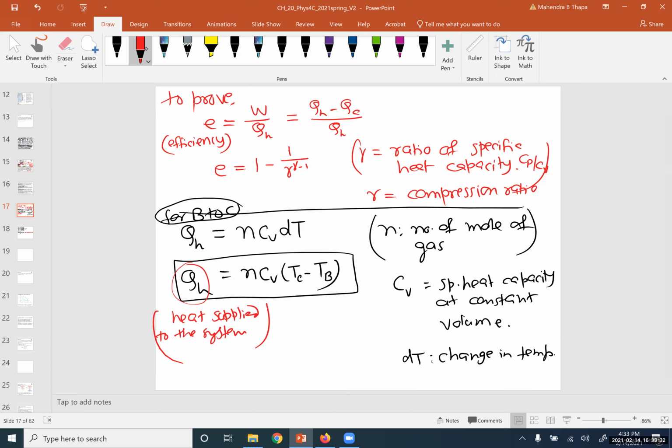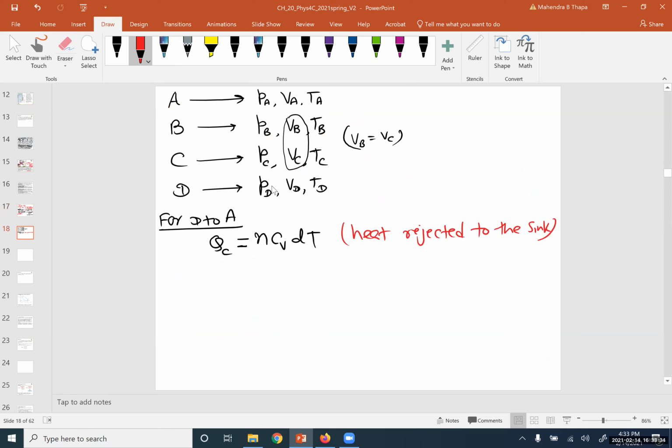So we can write this similarly as N CV, and in this case the temperature difference is TA minus TD.